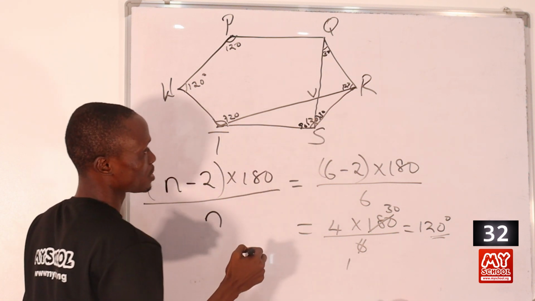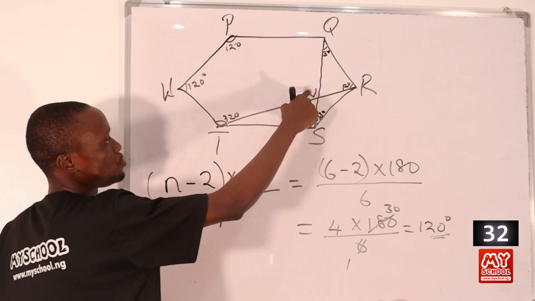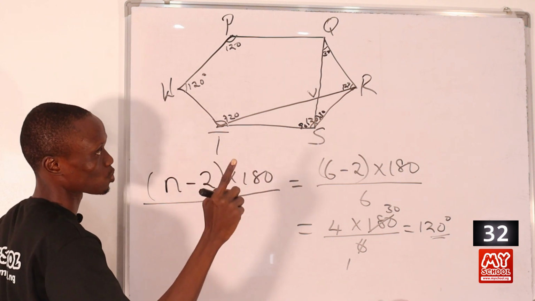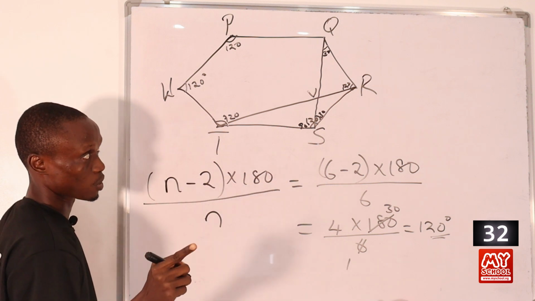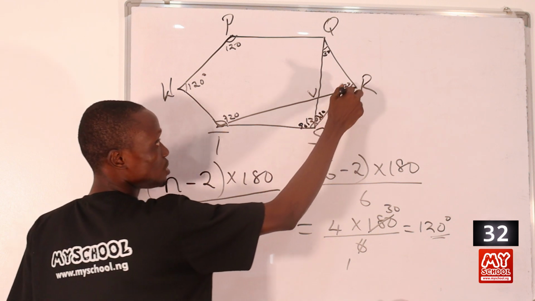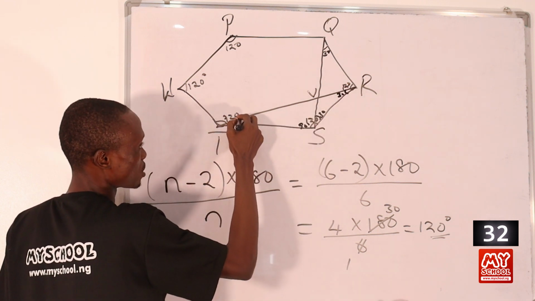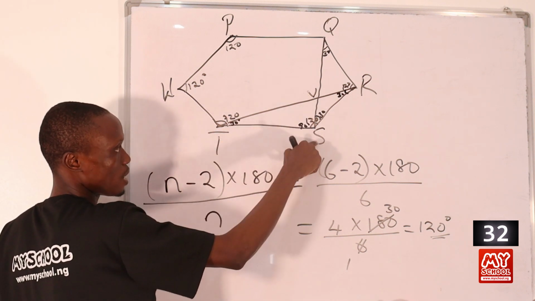So here is 90 degrees and we are calculating for TVS. But also, don't forget that TRS is another isosceles triangle. If the whole of here is 120 degrees, then here is 30 degrees, and here is 30 degrees. But now we are looking for the angle TVS.